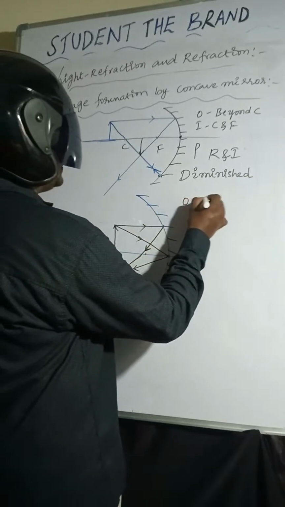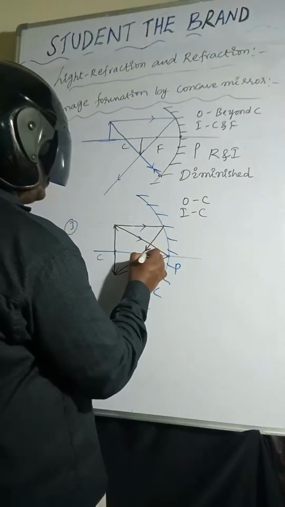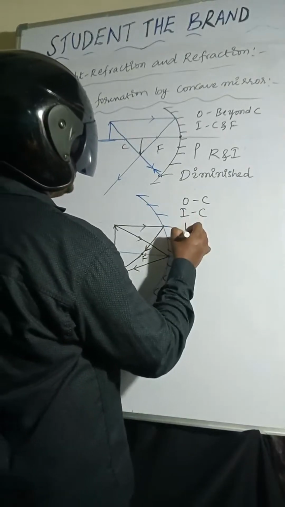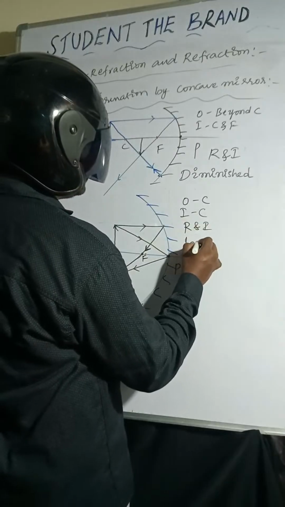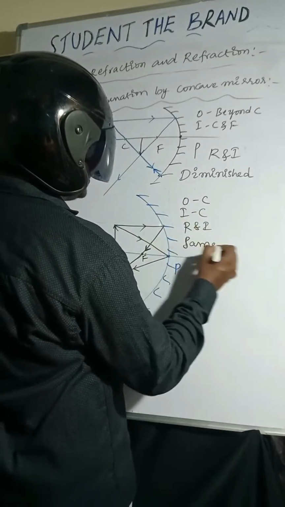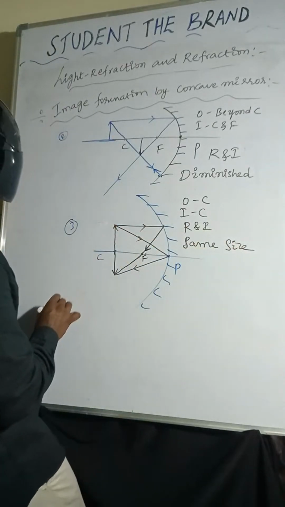Object is at C, image also will form at C. Nature of the image is real and inverted. Size of the image is the same size. So coming to the fourth one.